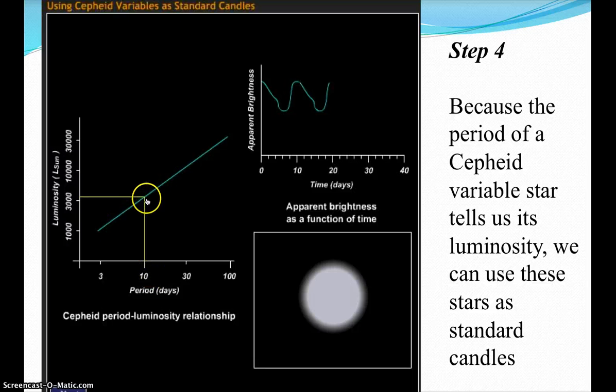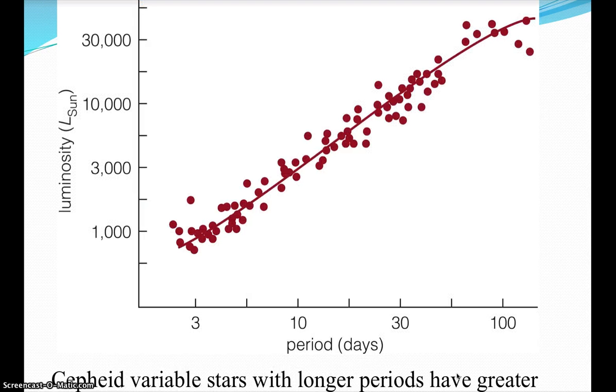So if we find the period of that star, we know its luminosity. And so here is an object that can become a standard candle, because if we know its luminosity, and we can measure its brightness, we can figure out the distance away that star is. And if that star is found within a galaxy, then that tells us how far away the galaxy is. And so this is just another slide showing the relationship between the period and luminosity for these stars.